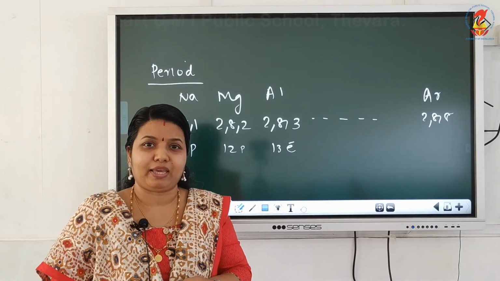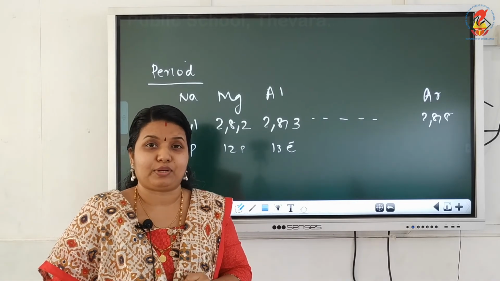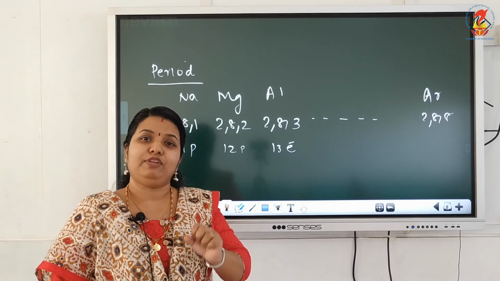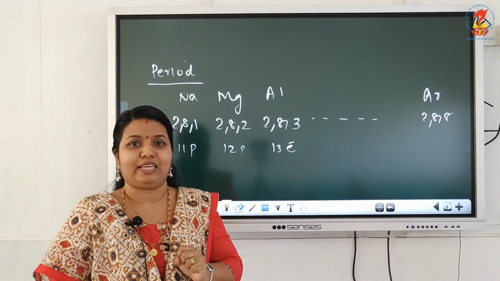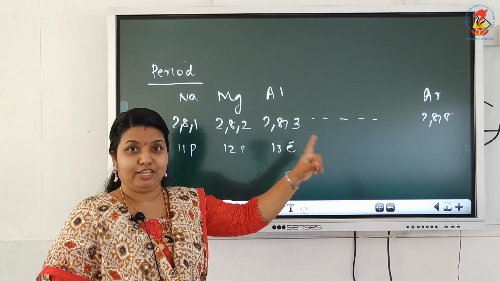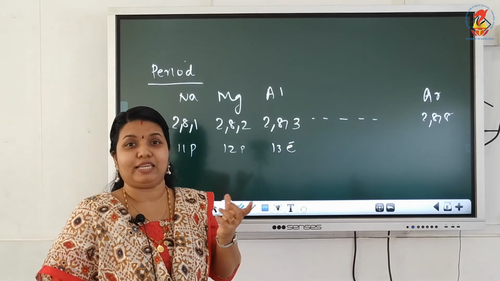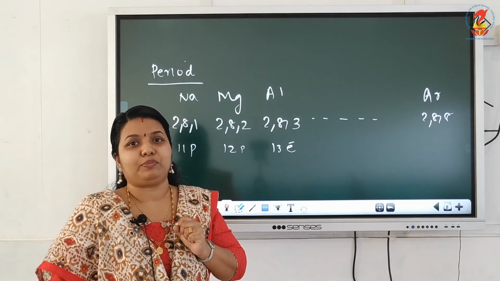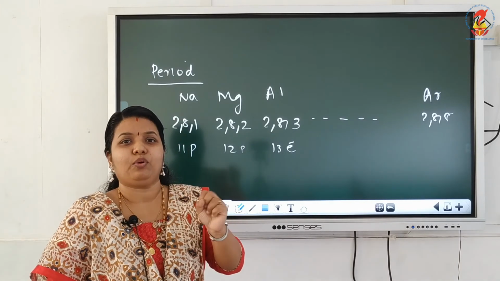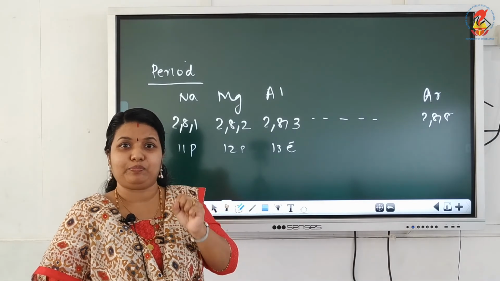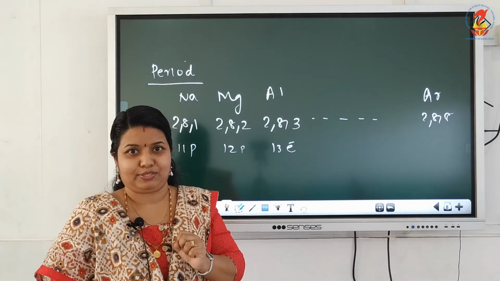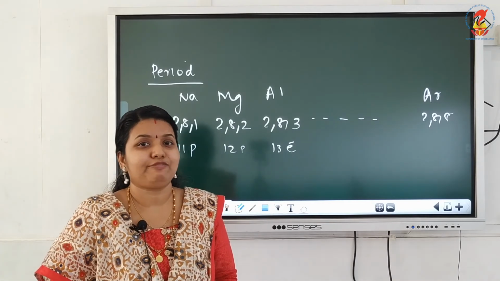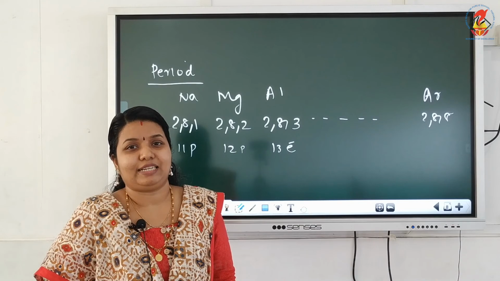So the nucleus will have a tendency to pull the outermost electrons closer towards it. Negative charges will be pulled closer towards this nucleus. So what happens as a result? Size decreases. So as you move from left to right in a period, atomic size decreases.